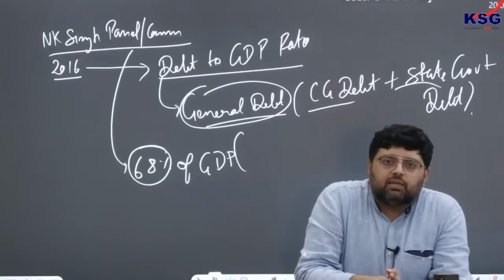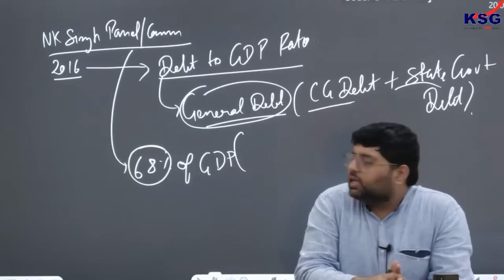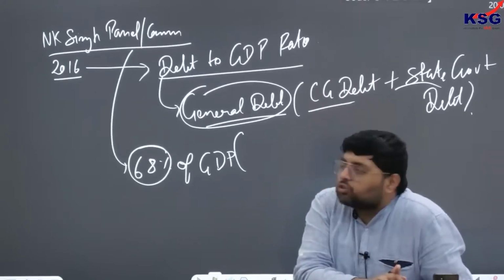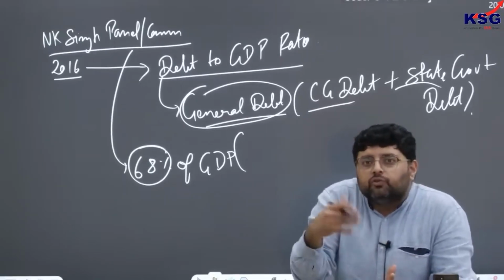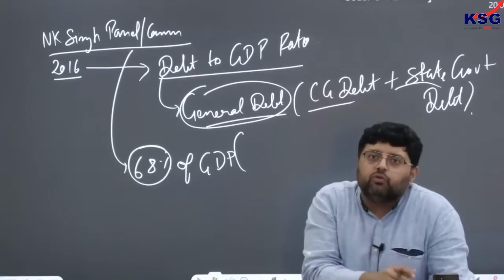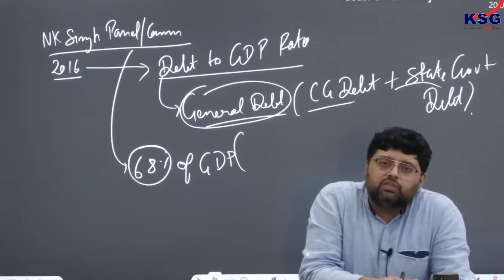The 15th Finance Commission head is also N.K. Singh, but there is a separate committee known as the N.K. Singh committee. He talked about the debt to GDP ratio. He said that rather than focusing only on future borrowings, no doubt you focus on future borrowings, but you have to take care of past borrowings also, which you have already taken.